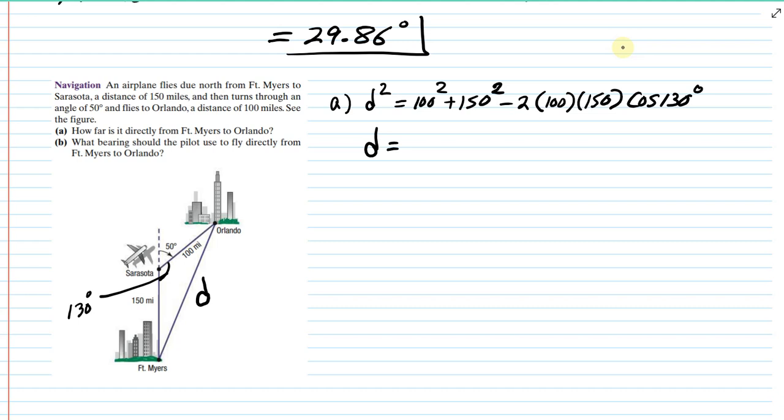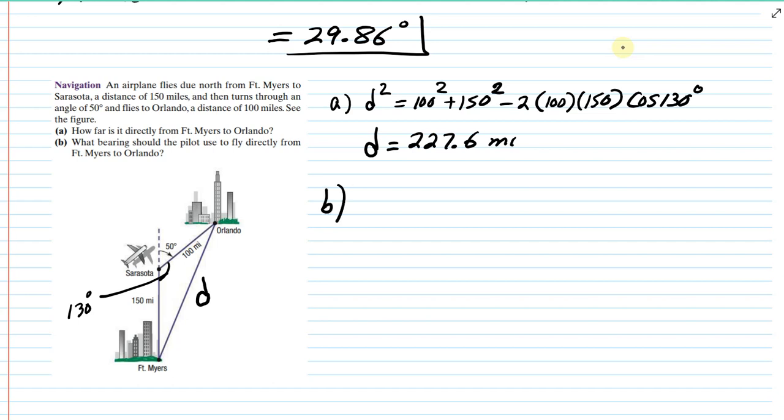Then take the square root of that number. Go with the positive root because distance is positive, so we keep the principal root. And the distance d is going to be 227.6 miles in this case. That's the direct distance from Fort Myers to Orlando.